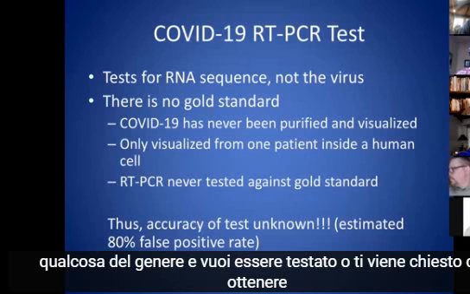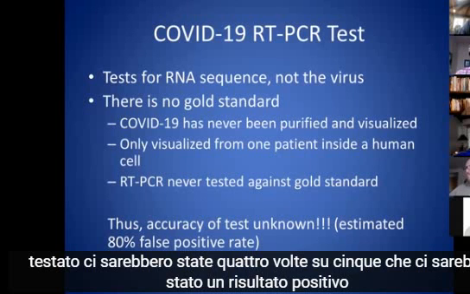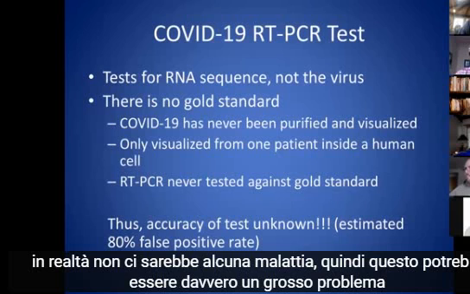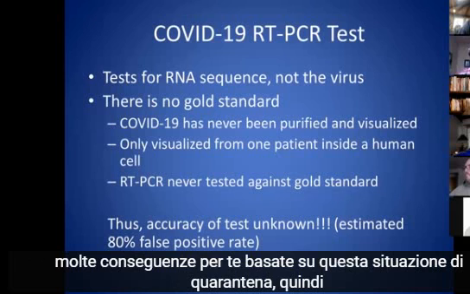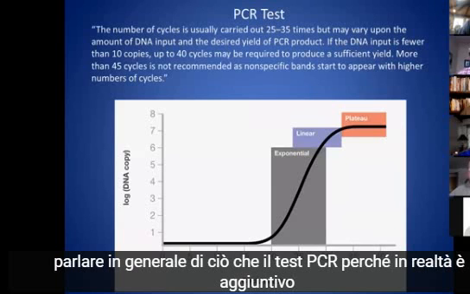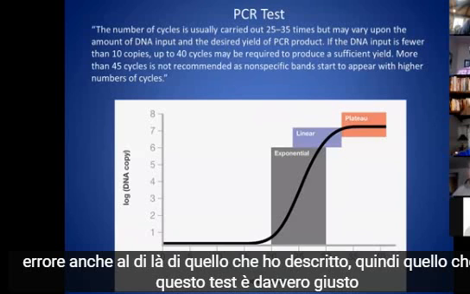So what that means is if you got tested, let's say you were exposed to somebody who tested positive, or you traveled or something like that, and you want to get tested, or you're asked to get tested, there would be 4 out of 5 times that there was a positive result, there would actually be no illness. So this could be a real big problem. It certainly could vastly overestimate the number of cases and also could have a lot of consequences for you based on this quarantine situation.